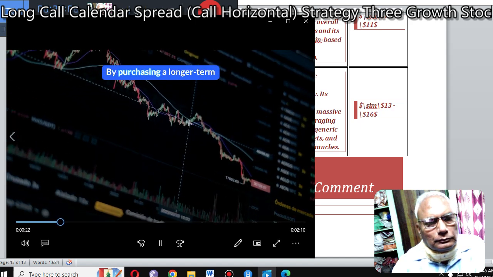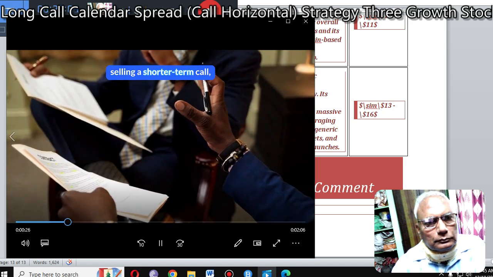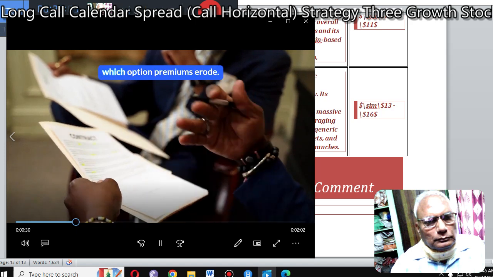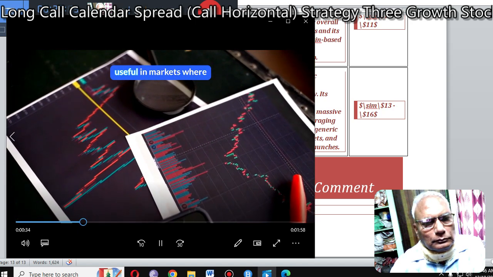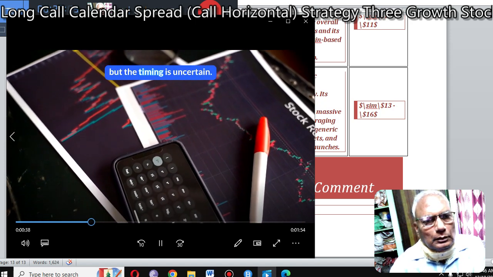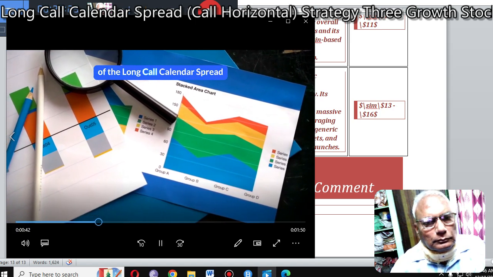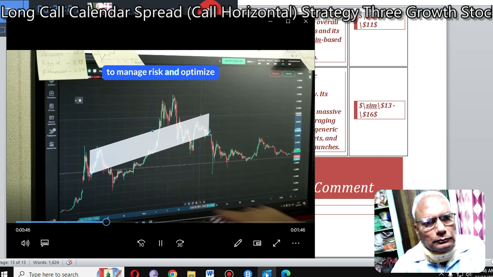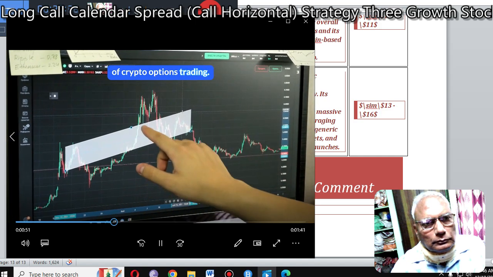By purchasing a longer-term call, and simultaneously selling a shorter-term call, investors can benefit from the differing rates at which option premiums erode. This strategy is particularly useful in markets where price movement is expected, but the timing is uncertain. Understanding the mechanics of the long call calendar spread is essential for those looking to manage risk and optimize returns in the dynamic world of crypto options trading.